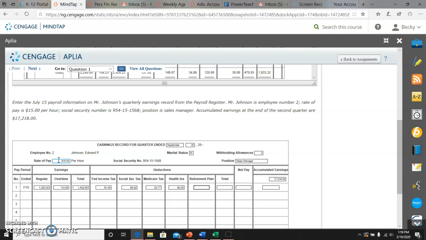His retirement, $15. His total deductions, $245.59. And his net pay, $1186.91.